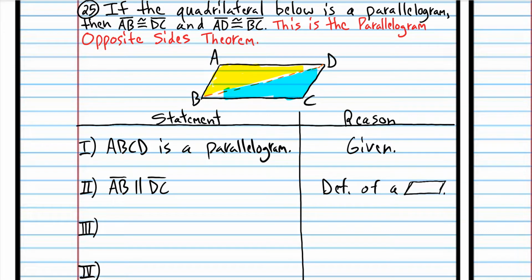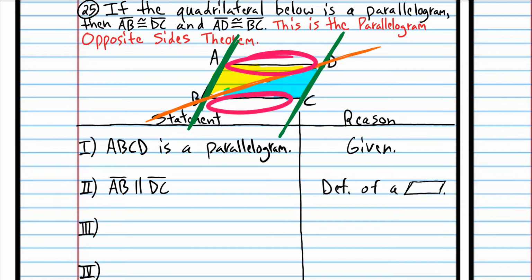So based on the fact that AB and DC are parallel, we're going to show that some of these angles are congruent. So I'm going to draw a line through AB. So I'm going to extend out that side of the parallelogram, and I'm going to draw a line through DC, extend that out, and then I'm going to extend out this auxiliary segment there, and I want you to ignore these sides of the parallelogram.